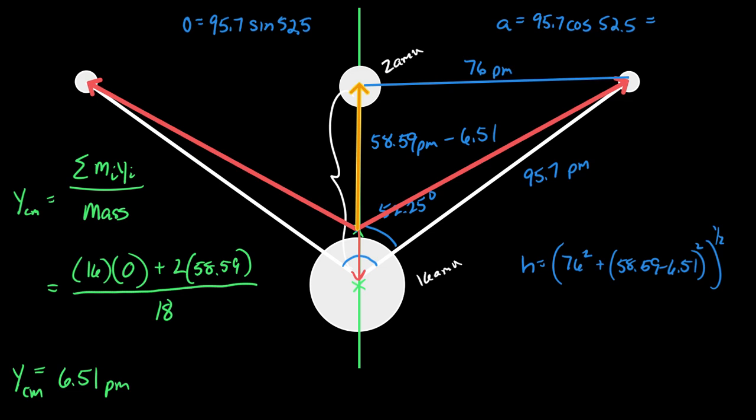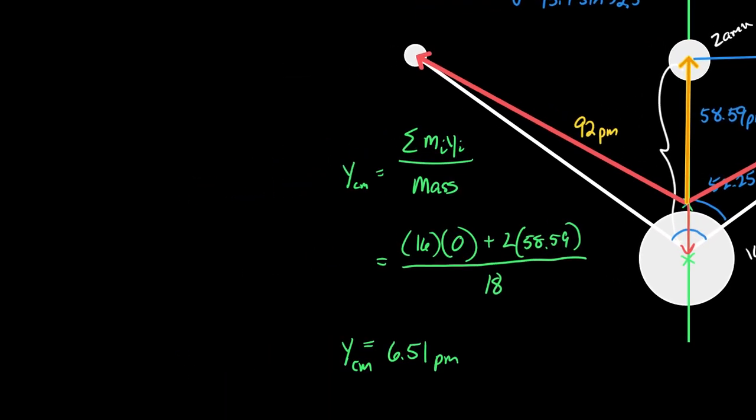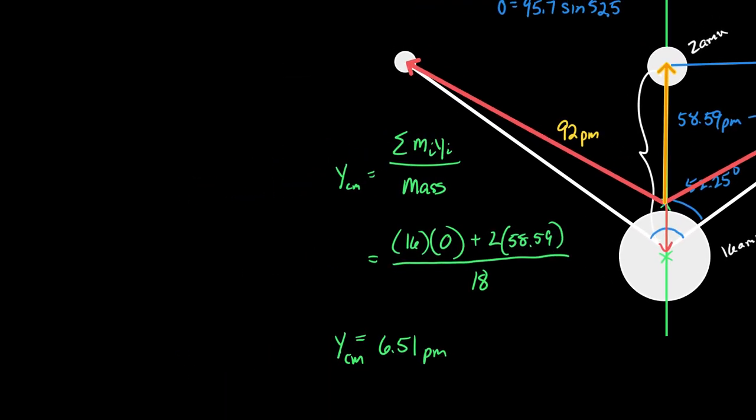What's H? 92. All right, so now we have all the pieces we need. Super tedious, I know. But here we go. I'm going to slide this over to the side and leave just enough. My moment of inertia is for 3-point masses. One of them is the mass of hydrogen, 1 AMU, times its distance away from the center of mass, 92.